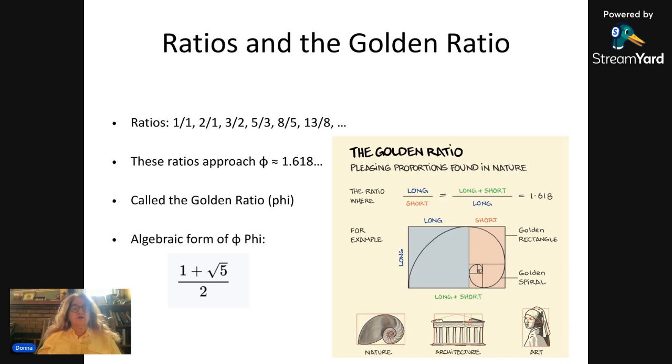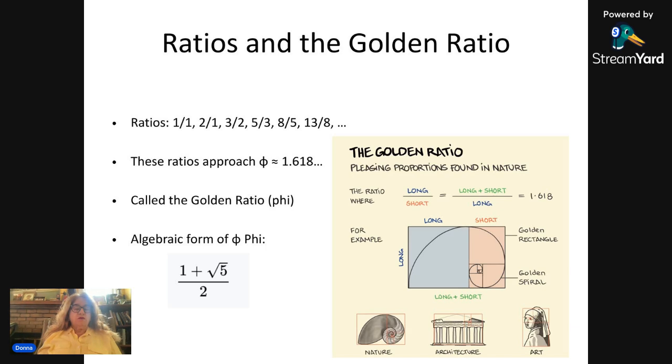And that is called the golden ratio. And these ratios are used in art and architecture and nature and other areas to create aesthetically pleasing forms.